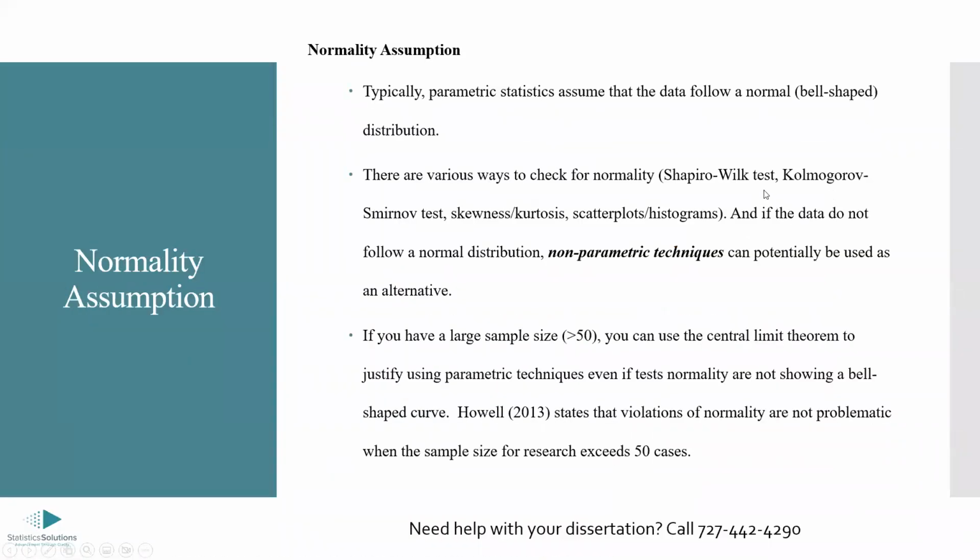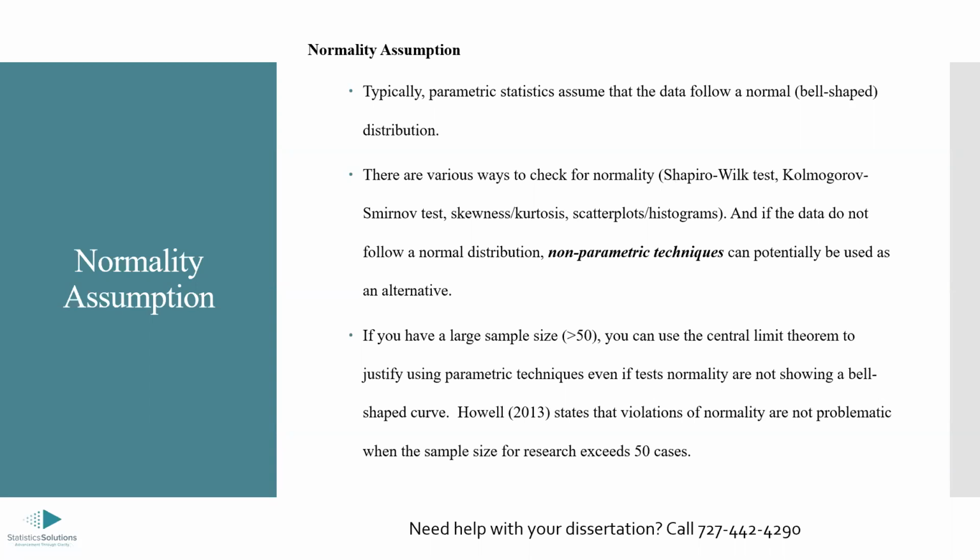Okay, so let's dive into the normality assumption, because I've said a couple times this is quite an important one. Normality is making sure that your data follows a bell-shaped distribution. And there are many ways to check for this. It's a prerequisite for a lot of inferential analyses. If you're doing t-tests, ANOVAs, regressions, you have to check for normality.